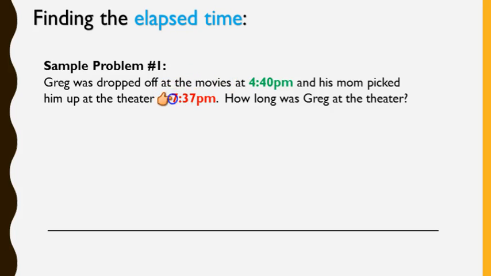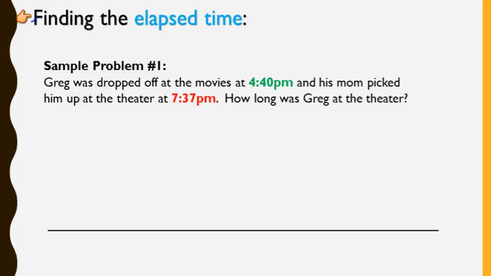And then the ending time I color coded with red, like in a stoplight, red means stop, right? So hopefully that will help us kind of wrap our head around these kind of problems, because each problem will have all 3 of these things: the elapsed time, the beginning time, the ending time, and then you're going to be asked to find one of those because one will be missing.